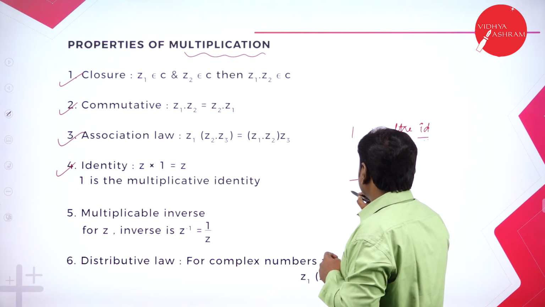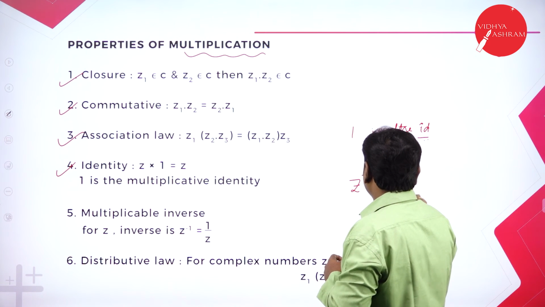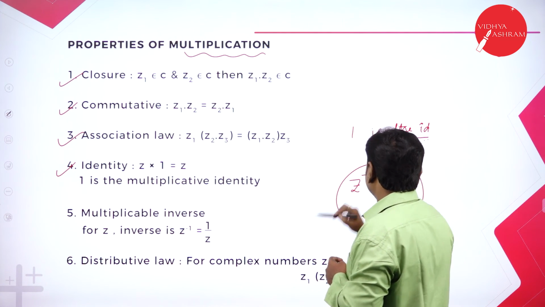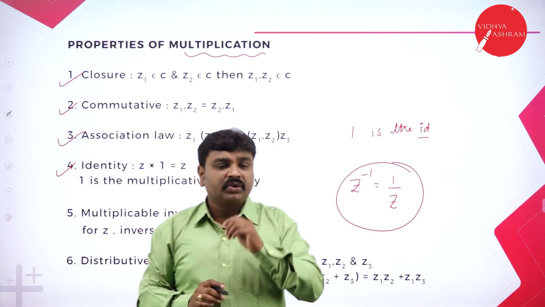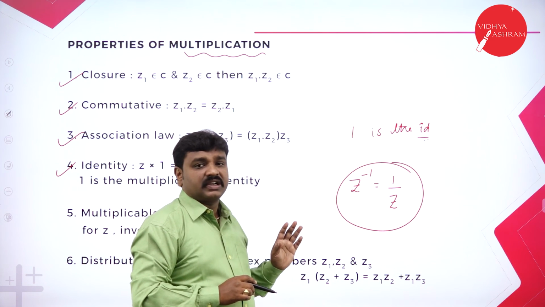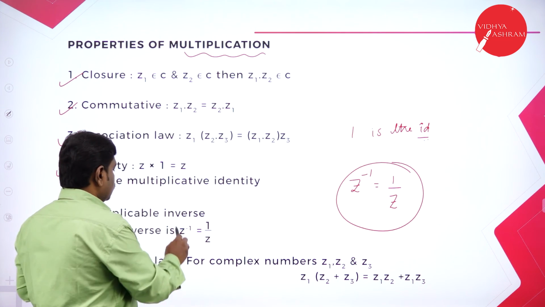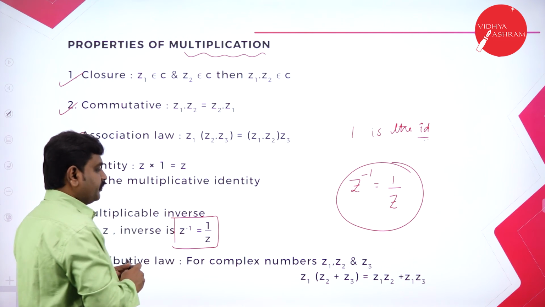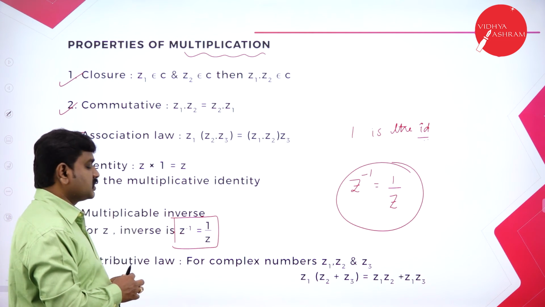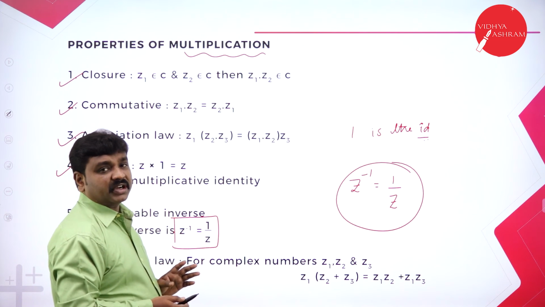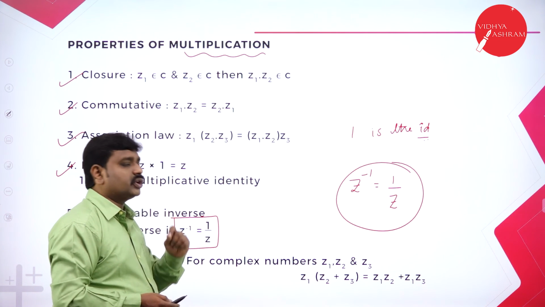So Z inverse is 1 by Z. Multiplicative inverse of Z is 1 by Z. Now for any complex number, 1 by Z is the multiplicative inverse. For that we can also use the conjugate rule to find it.